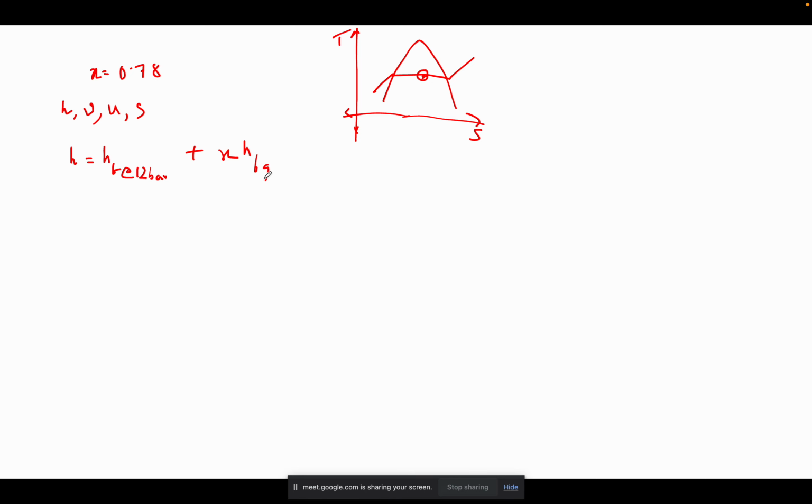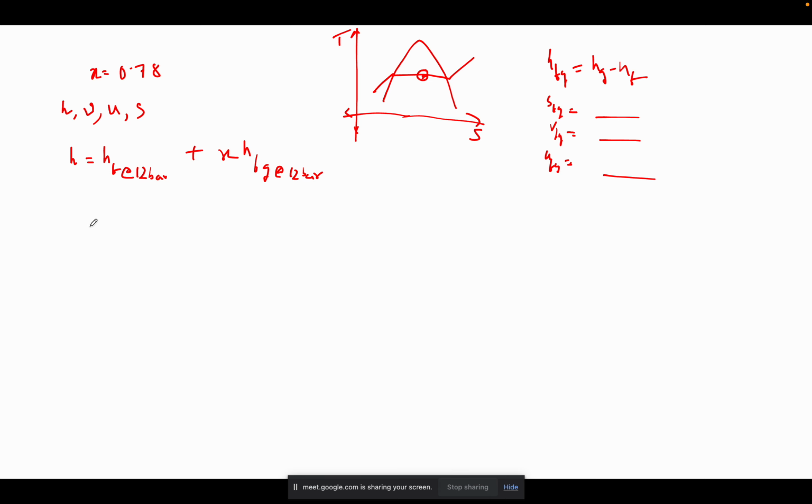Hfg at 12 bar. Now remember Hfg is equal to Hg minus Hf. Similarly Sfg, Vfg, Ufg you can calculate by subtracting the corresponding g minus f values.